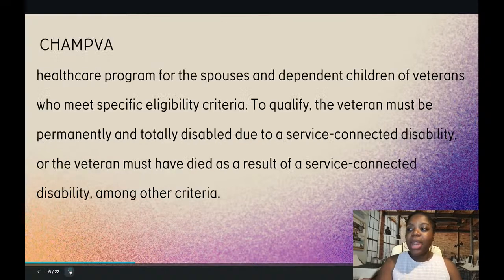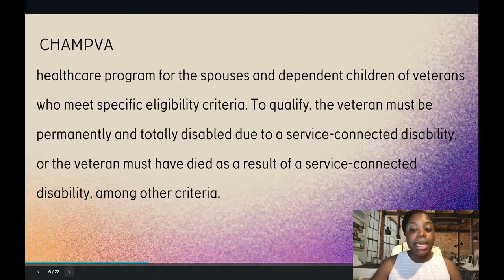And the last one that I'm going to cover in our short time here is CHAMPVA. This can easily be confused with TRICARE, so I want you to know the differences between the two. CHAMPVA is, and this is key, for the spouses and dependent children of veterans who meet some type of criteria.